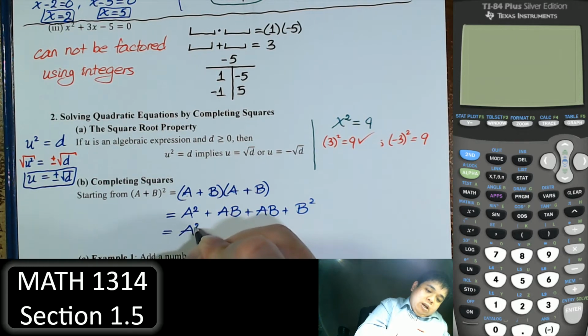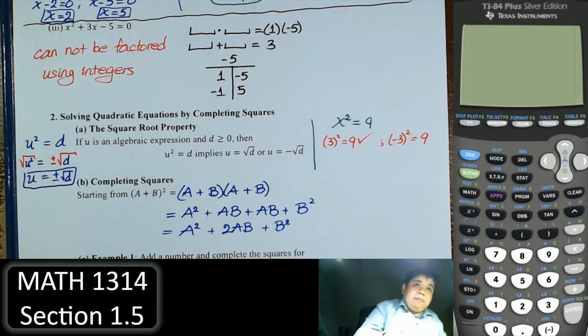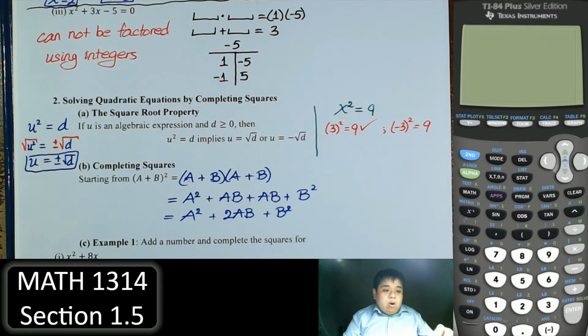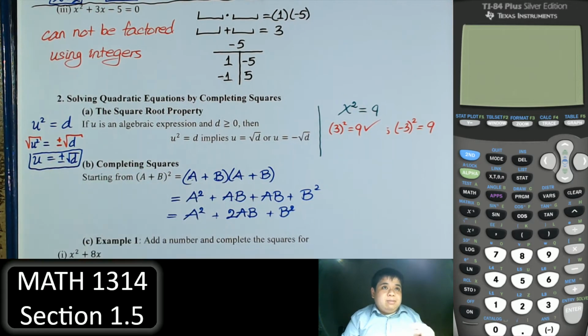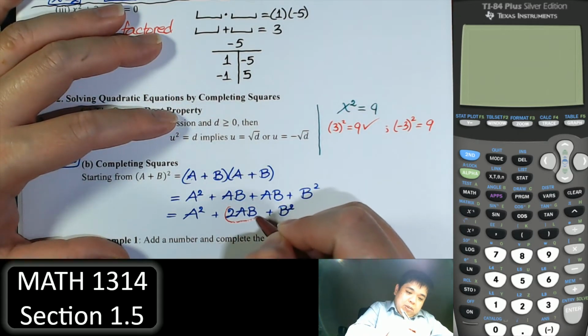So a squared, combine like terms. Actually I should use x here. What we see is that in the middle here we have 2 times x and b.